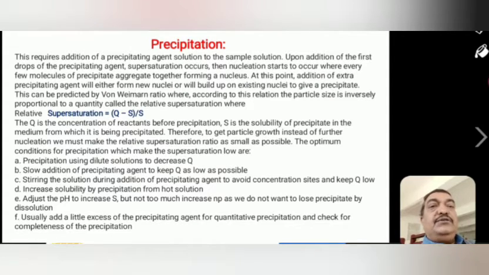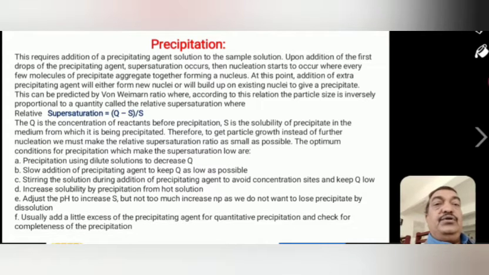When the supersaturation stage occurs, where the quantity of precipitating agent added is a little more so that it becomes saturated with the standard solution, then the formation of a PPT begins, right? So here the 2 factors are important.